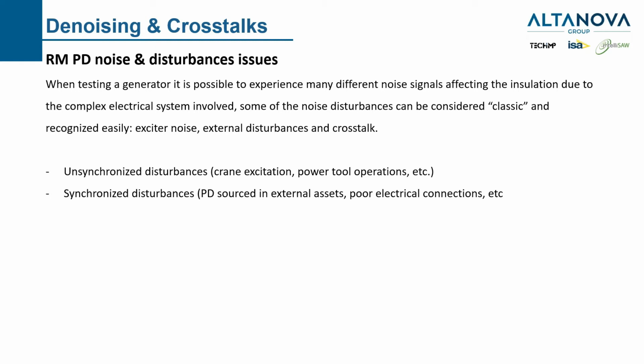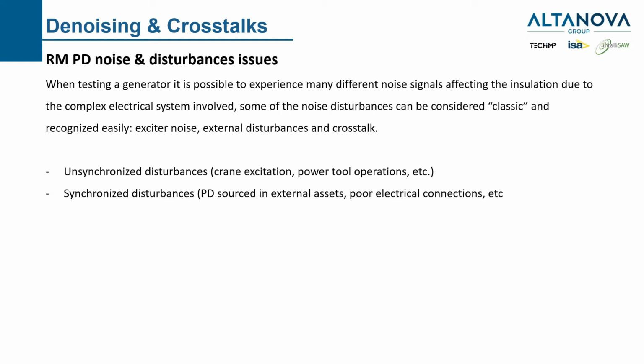Instead, when I talk about synchronized disturbances, I mean a signal that is correlated with the applied voltage of the generator. That can come from a PD source external to the asset, or be due to poor electrical connection. If we have some floating parts, for example, they can affect the measurement as well.